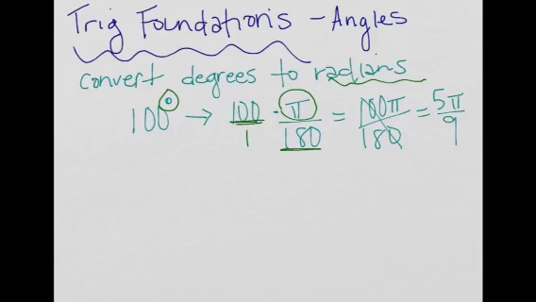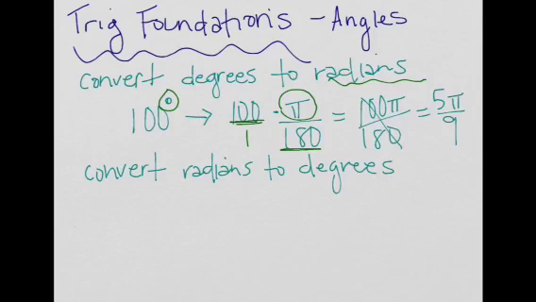Okay, so then the other direction, you've got to make sure you know how to convert radians to degrees. We do that like so. So let's say I have pi over 7 radians. I want to convert that to degrees. So I take my pi over 7 and I multiply by 180 over pi.